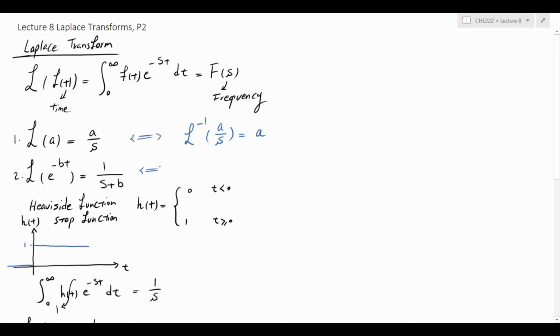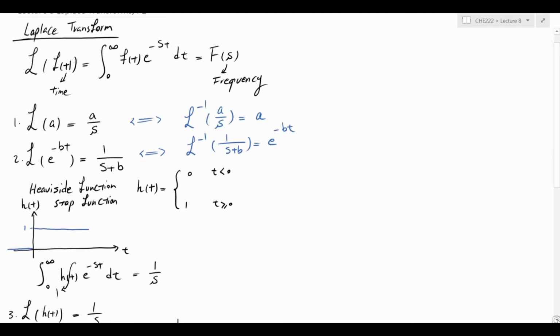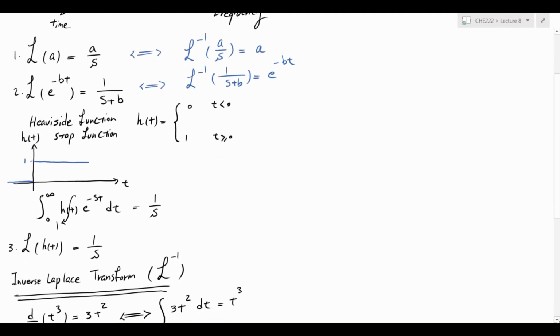And if I do this for the second case, the inverse Laplace transform of 1 over s plus b gives me e to the power of minus bt. And same thing in here.